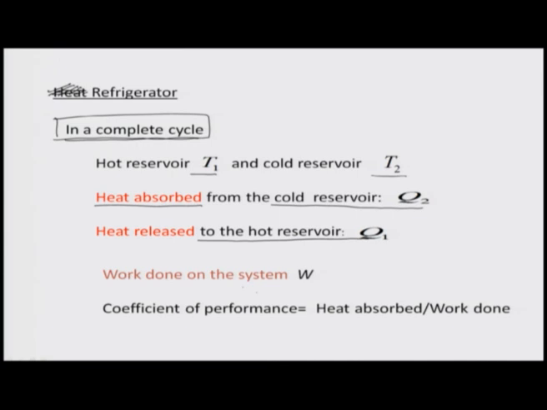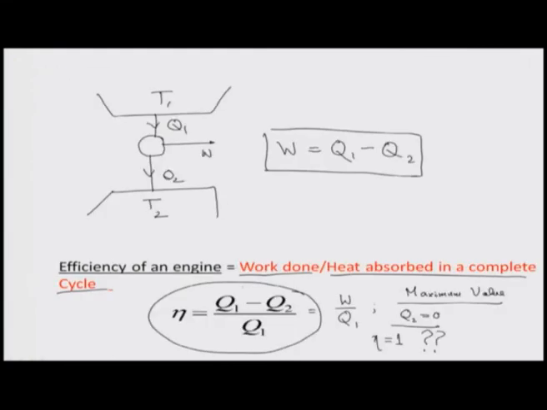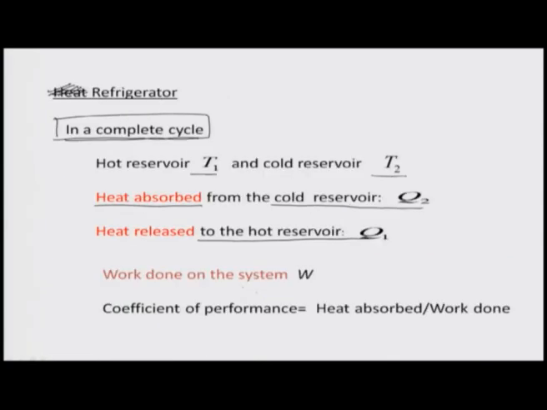Now, this is an abnormal process. The engine was fine. It was taking heat from the hot reservoir, releasing it into the cold reservoir, and in the process it was giving us some work. Here, since it is the other way around, I have to do some work on the refrigerator. Please note, these are all in a complete cycle: work done on the system is W. So, one can define a coefficient of performance, heat absorbed by work done.